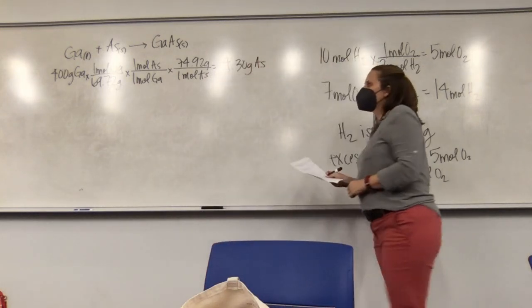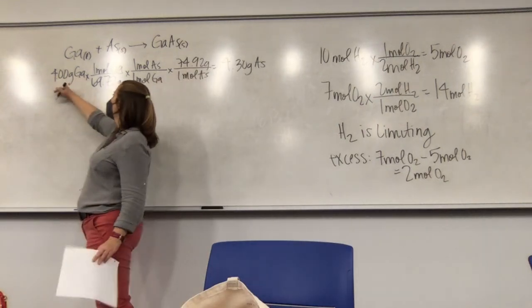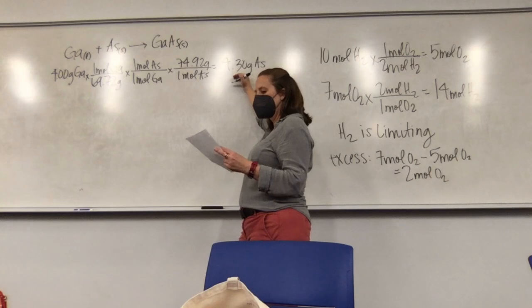So from here, to use all of the gallium, we need 4.3 grams of arsenic.